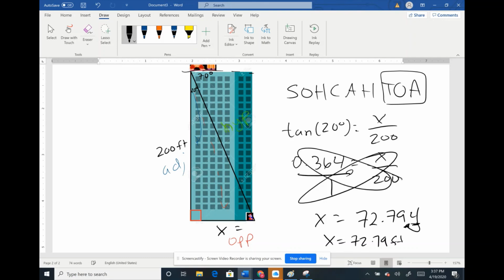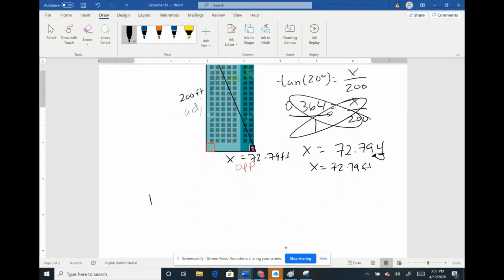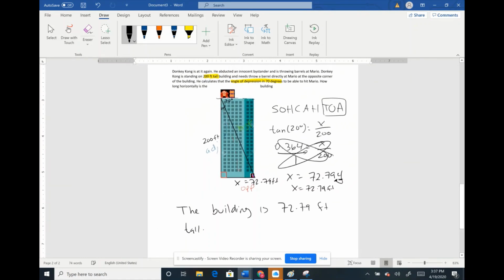Okay, so the opposite side, or how long the building is horizontally, is 72.79 feet. And I think my biggest concern would be, why is Donkey Kong on top of a building throwing barrels at Mario? But this is what the question asks. The building is 72.79 feet long.